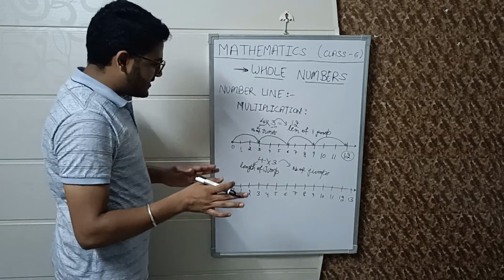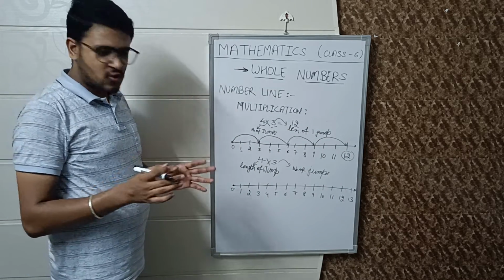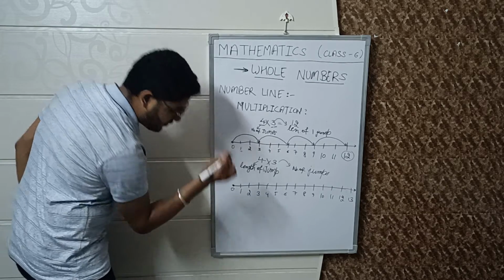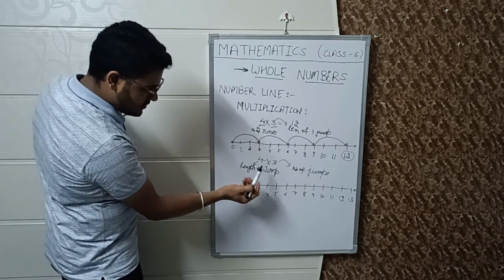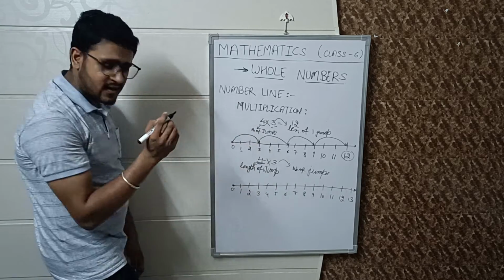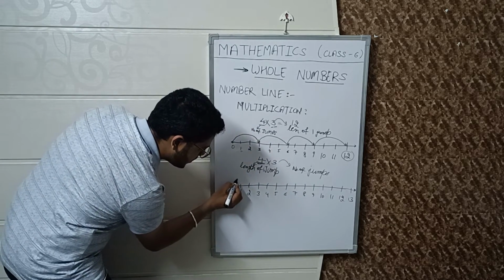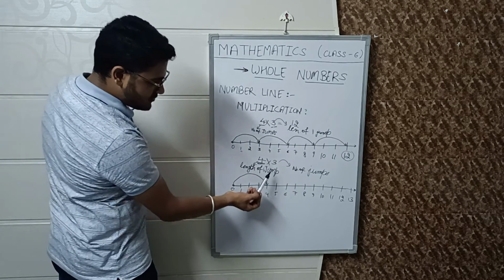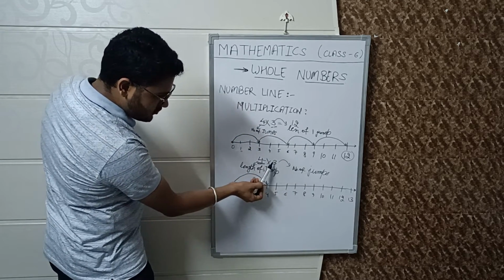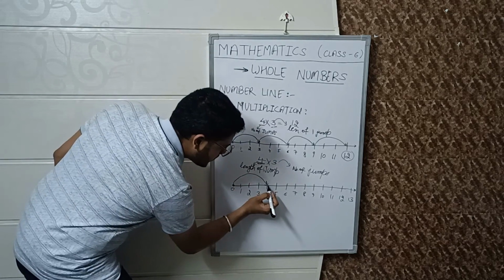So in case of multiplication, from where will we start? 0, right? We'll mark a point at 0. What we have considered is length of one jump is 4, okay. Length of one jump 1, 2, 3 and 4, okay. How many jumps we want? Number of jumps we want 3, okay.